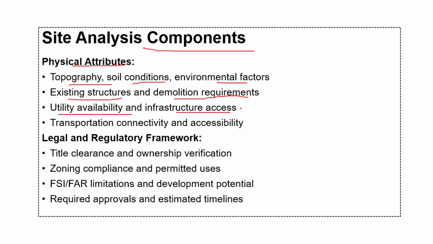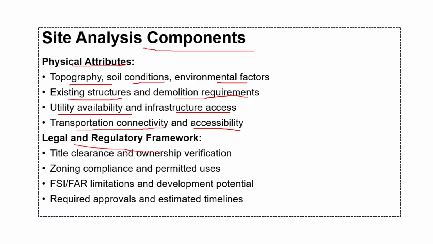So these are also important because whether we have electricity or water supply and infrastructure access, whether there are proper roads and everything directly to our place or not. And then transportation connectivity and accessibility to the project which we are doing.